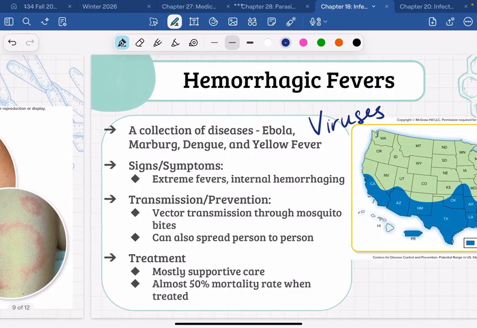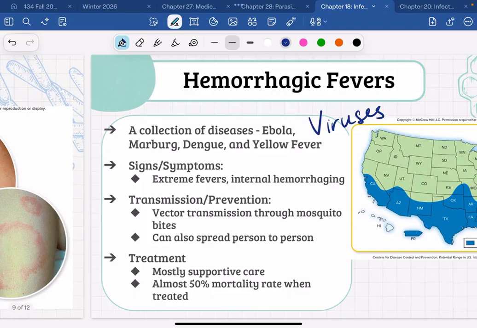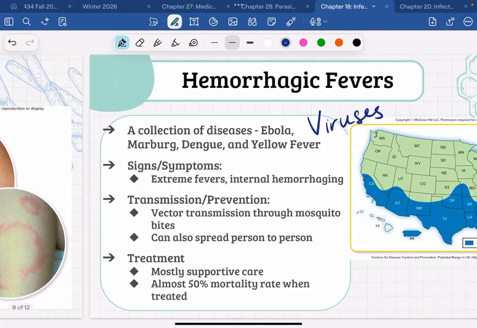The signs and symptoms associated with these hemorrhagic fevers are extreme fever, right in the name, extreme, long-lasting fevers, like 105, 106, 107 degree Fahrenheit fevers. And hemorrhaging. Hemorrhaging is just a fancy word for bleeding.